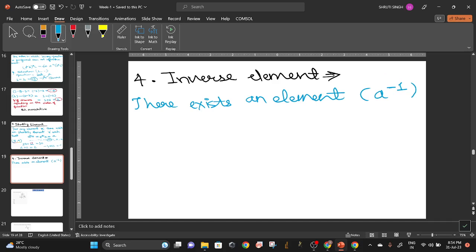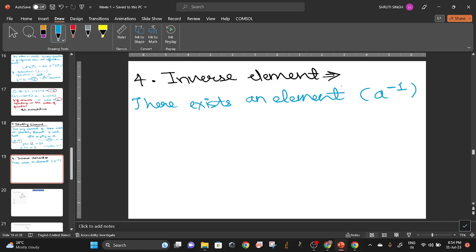Superscript minus 1 means inverse. It is all mathematical: every operation is a matrix, and in matrix we represent inverse like this, with superscript -1. In the upcoming weeks you will get to know how, like we did reflection and rotation to a molecule, everything can be represented in terms of matrices. That's why we are using matrix representations here.